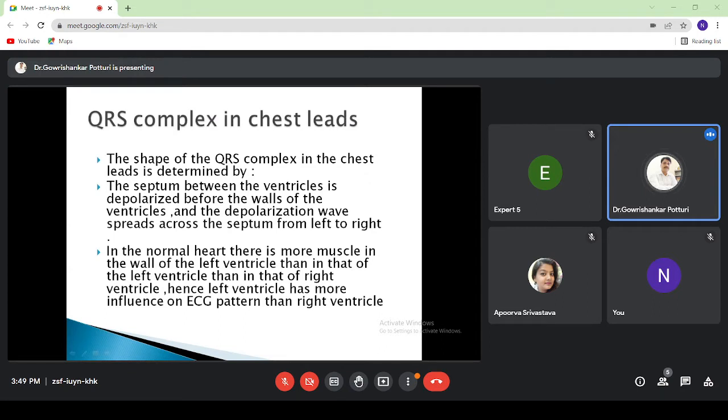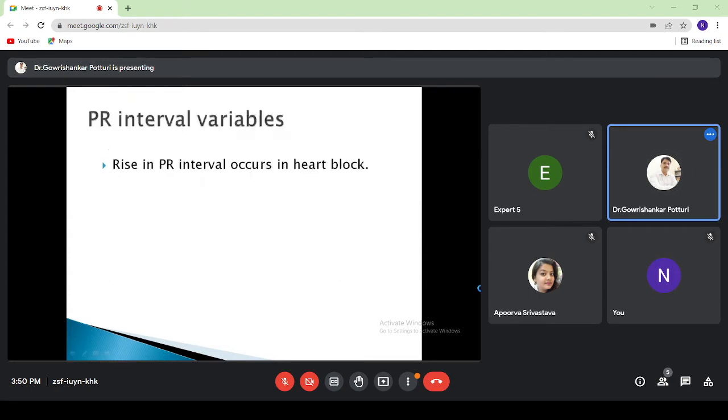Now, we have seen how the QRS complex appears in limb leads. Now, let us go into the chest leads. How the QRS complex appears in the chest leads. We have 6 chest leads, V1, V2, V3 to V6. Now, as I told you, let's go back once.